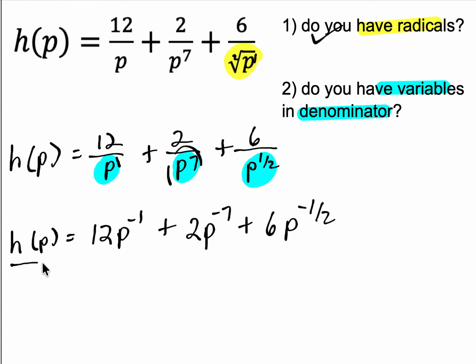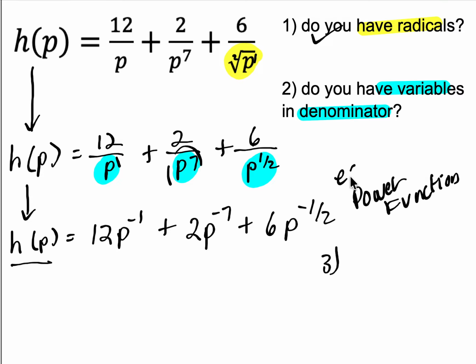So I didn't take the derivative. All I did was just rewrite h of p here. Now I'm going to take the derivative. I wrote each term as a power function. This is a power function, this is a power function, this is a power function.